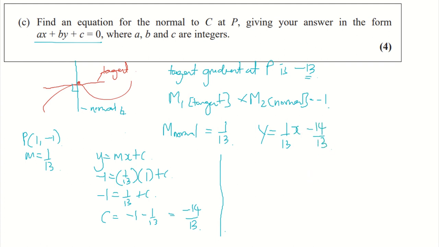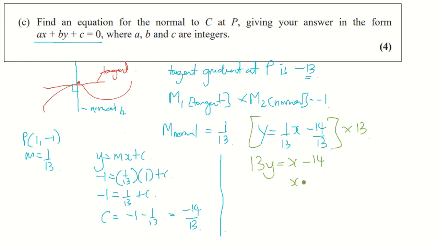Now if I times the whole thing by 13, you will get 13y equals x minus 14, but it has to be equal to 0, so bring everything over to one side. The a, b, c are integers, so I can bring it over to the other side.